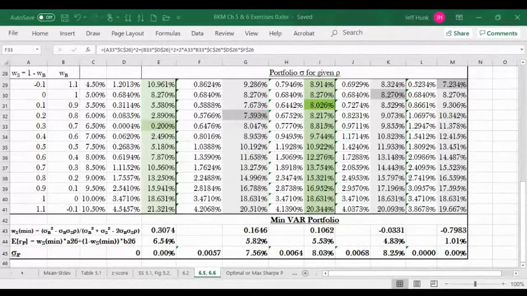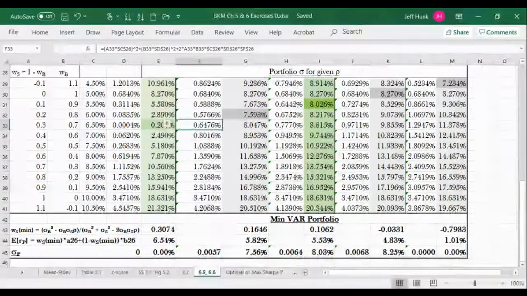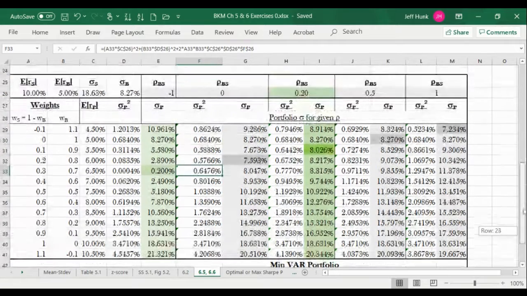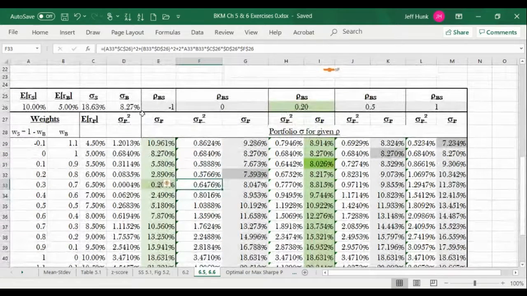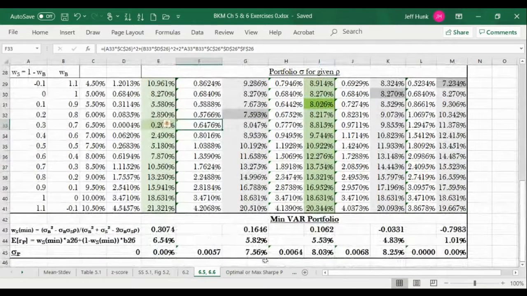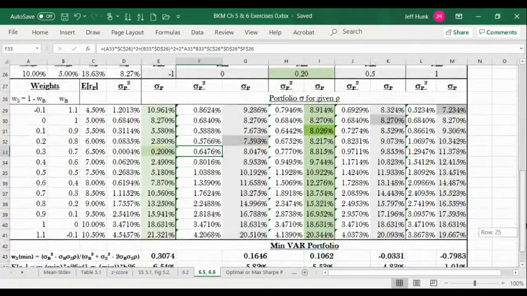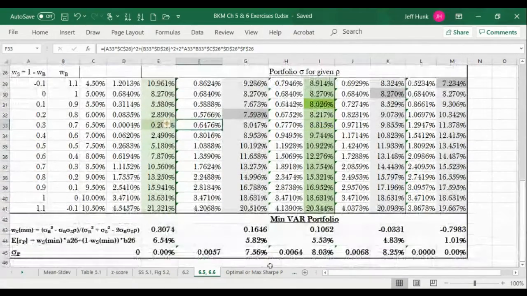Hello, welcome back. So let me pick up from where we left off in our last segment. I covered the first scenario where correlation is -1, and then I replicate it for the case of correlation of 0, 0.2, 0.5, and 1.